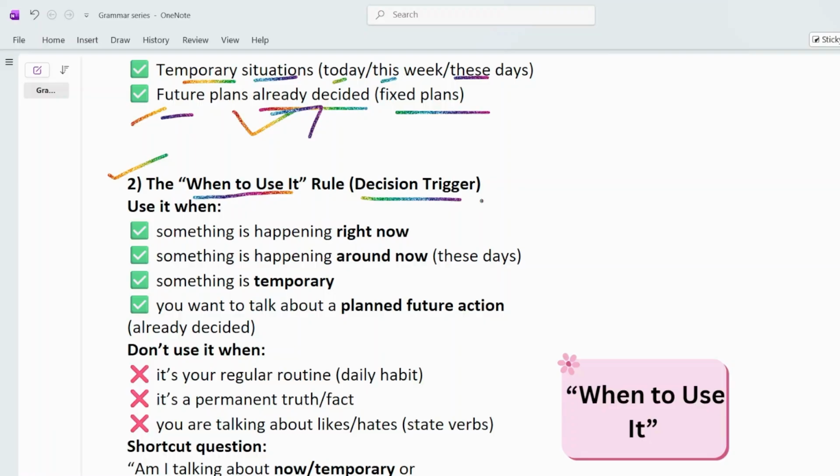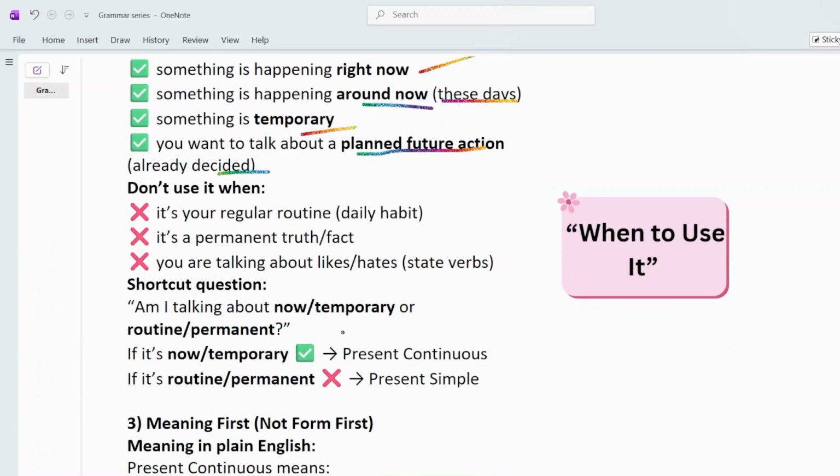You will use present continuous when the action is happening right now, as I already told you, or it's happening around the present time, for example, these days. And a very important point to keep in mind: the situation is temporary, not permanent. Or if you want to talk about a planned future action that has already been decided.